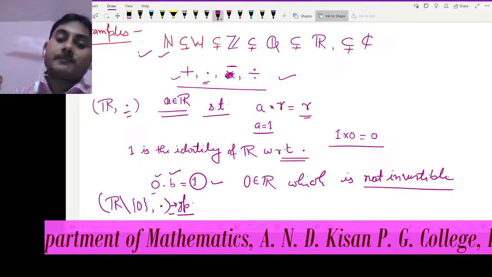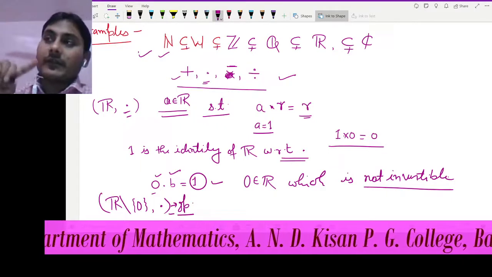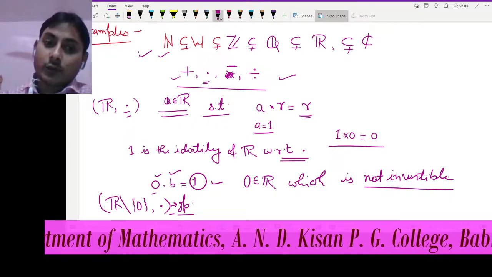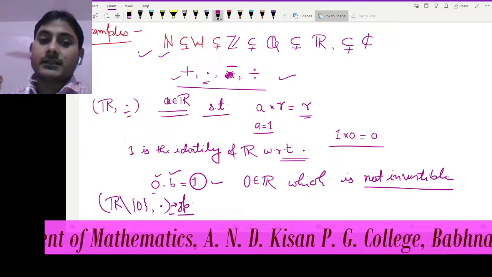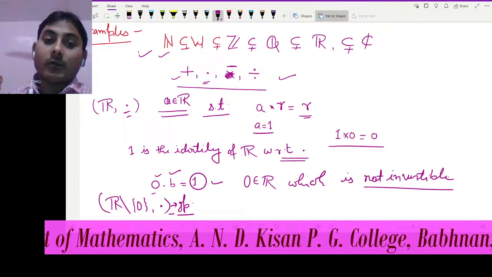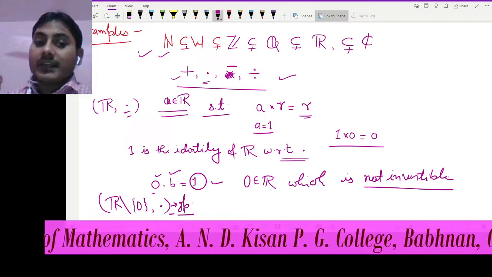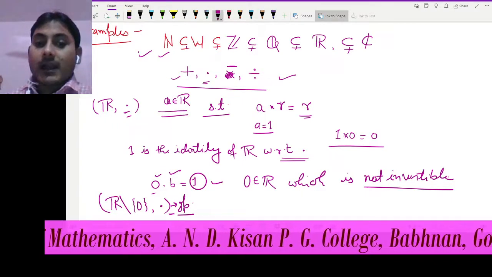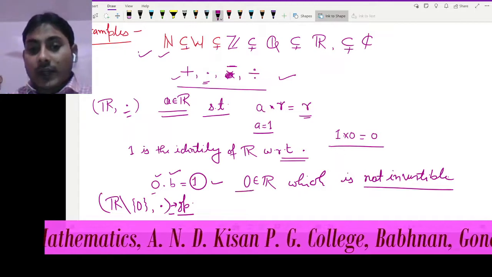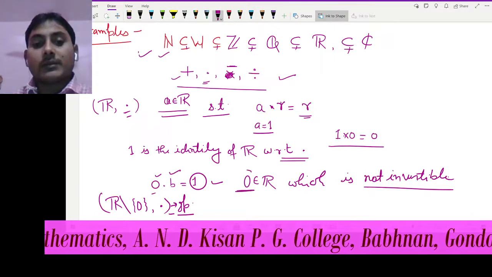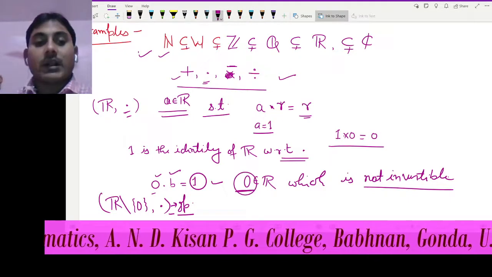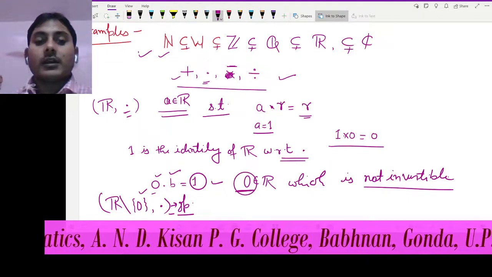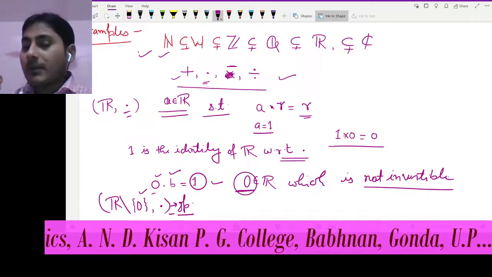You can verify, because you have already verified all these things: closure property, associative property, as well as existence of identity. The problem was the existence of inverses, and there is only one element, 0, which doesn't have an inverse. So that's why I'm removing 0 and getting R minus 0.